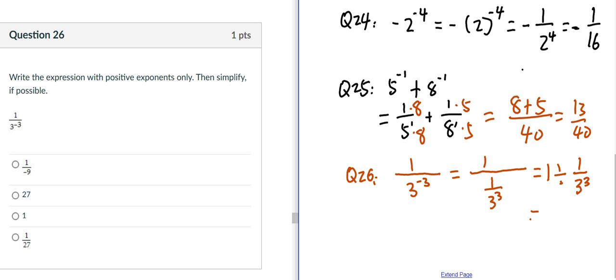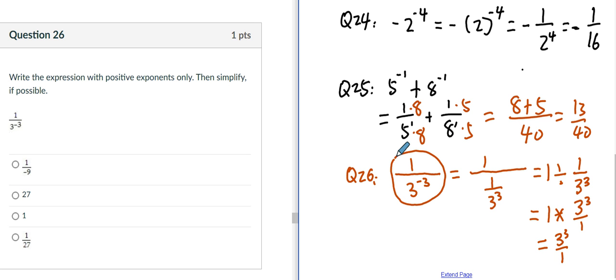When you do the division, it's 1 times 3 cubed over 1. That will be the same thing, 3 cubed over 1, because 1 times any number is that number. So this gives us a hint.